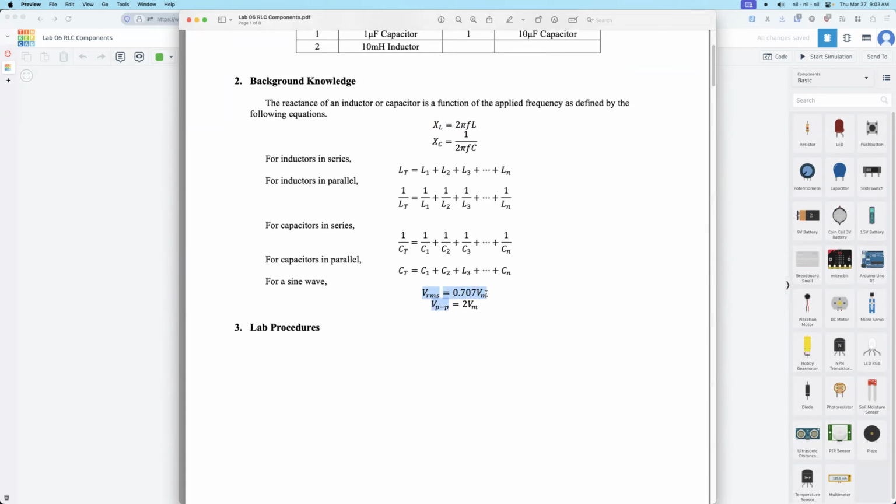We used these formulas last week, right? VRMS equals 0.707 VM, and VPP, the peak to peak value, equals 2 VM, two times the VM magnitude.